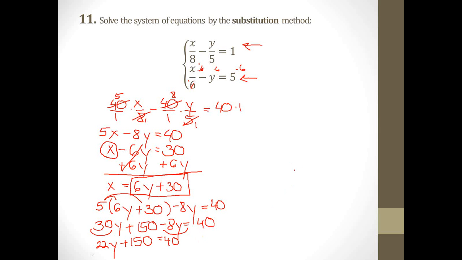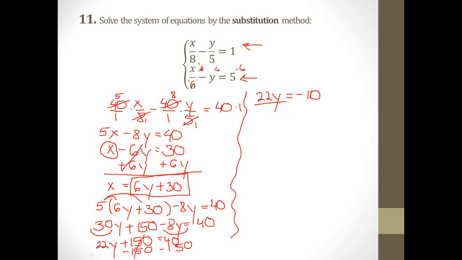Okay, so focus, we're solving for y. In this step, we are going to subtract 150 from both sides. This side cancels out. We are left with 22y, and that is equal to 40 minus 150, which should be a negative answer because the larger one of the two is negative, and it is 110.